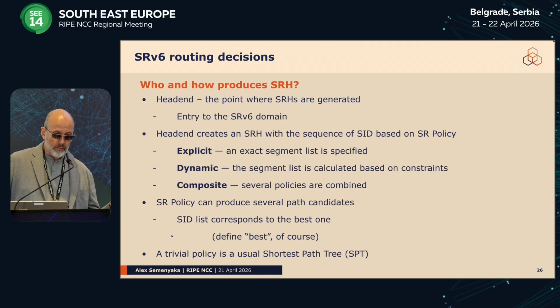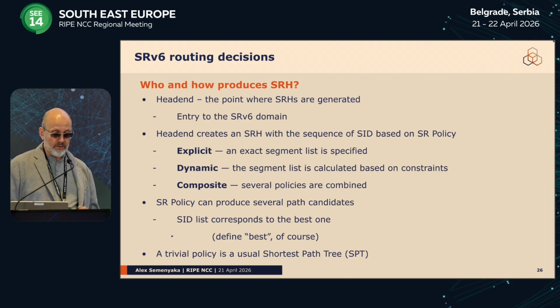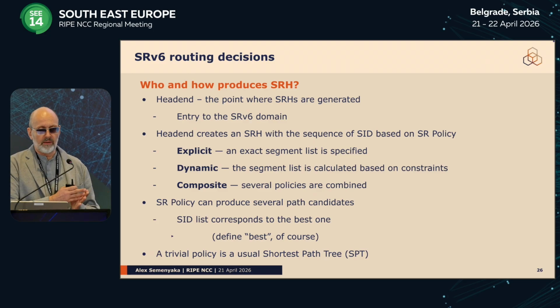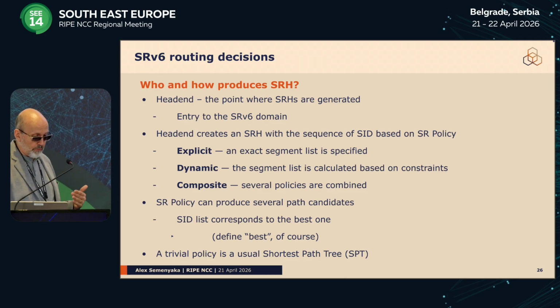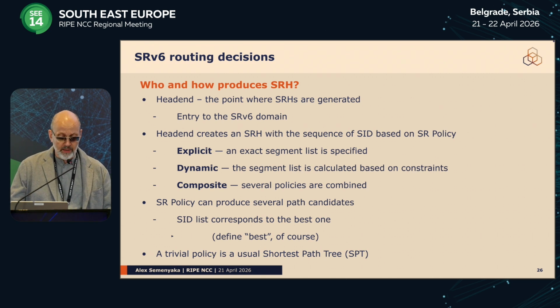But tomorrow, or even today, if it's really necessary, we can use different path candidates because segment routing policy produces weights for them, and now we can start a complex traffic engineering using different paths over our network to distribute traffic in equal way, for example. So this idea of segment routing policy is an important concept for the technology as well.